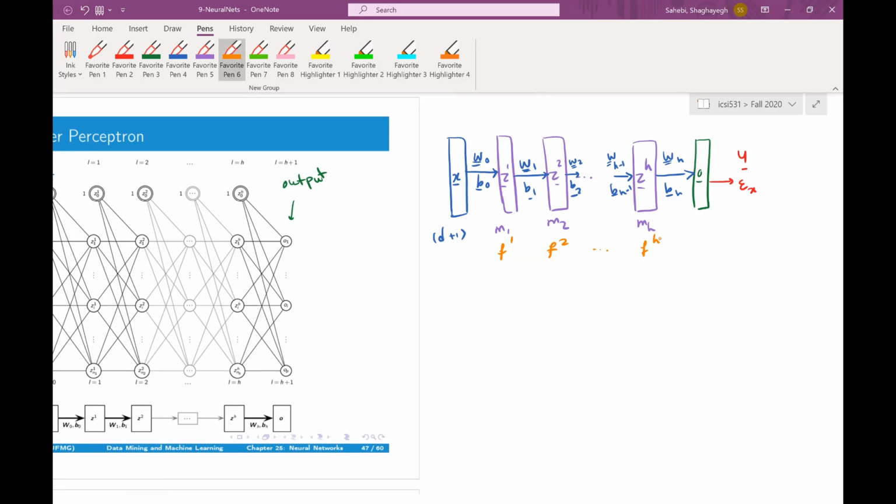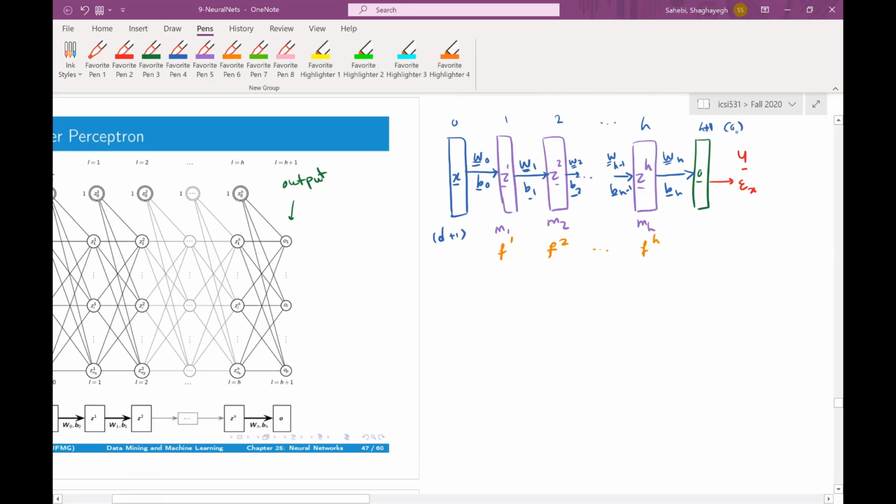Okay, so this way we can number the layers that we have, right? This is layer 0, this is layer 1, 2, until we have layer H, and then it's the output layer, or H plus 1.